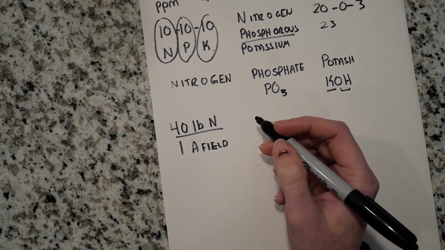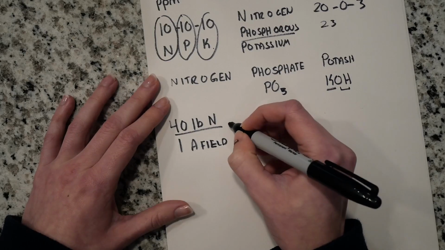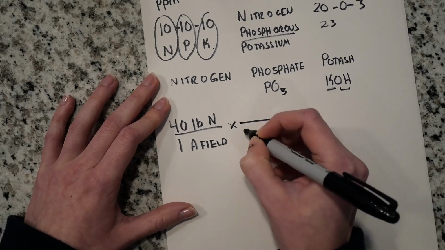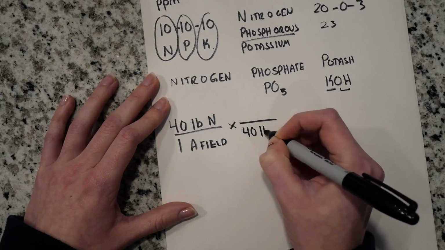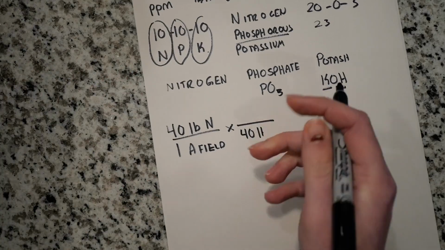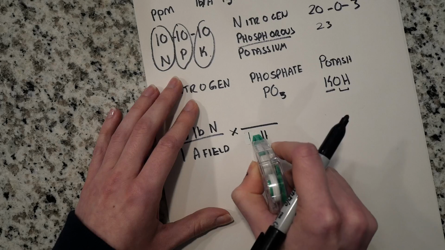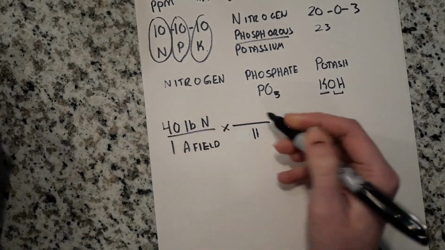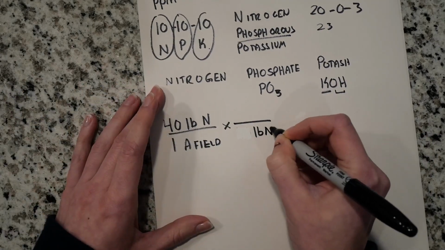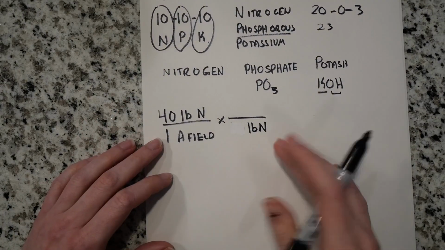So we don't want 40 pounds of fertilizer. Our unit we want to match is just pounds of nitrogen.